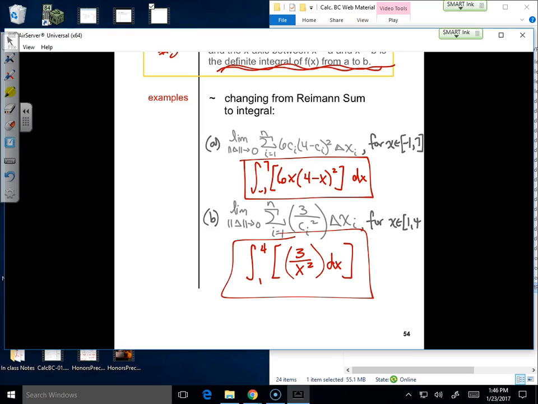So do you see how to go from one form to the other, how to go back and forth? Does it make sense? The bounds had to be given to you so that you know the from and the to, the lower and the higher. The function I had to change c sub i to be x, etc. But otherwise, we're okay to go.